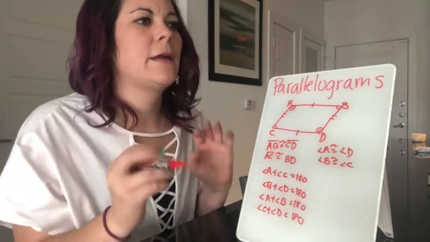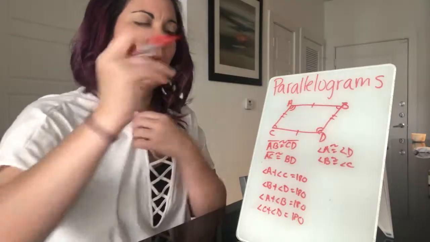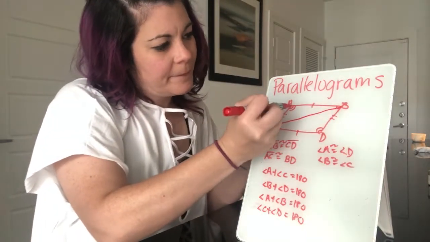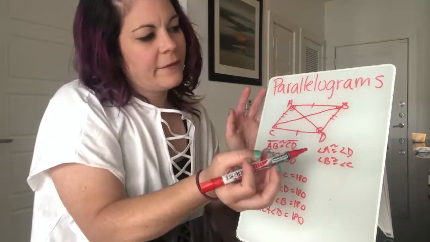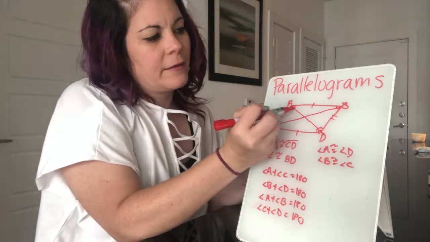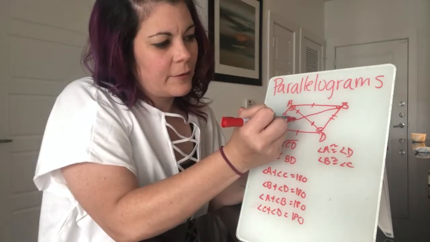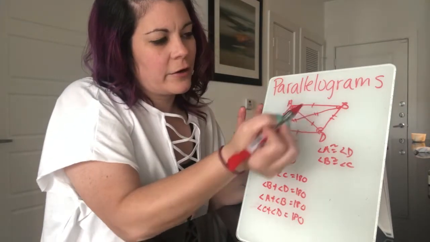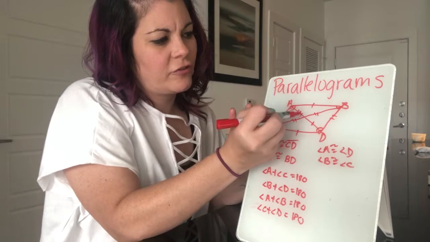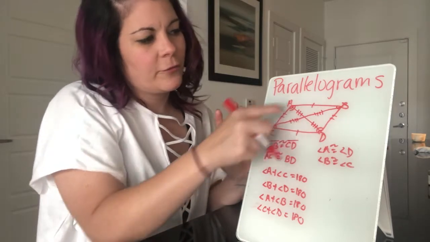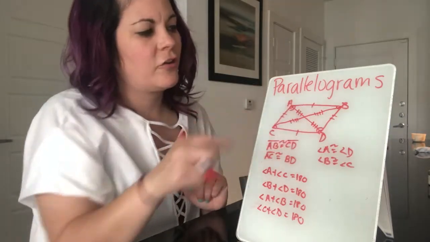The fourth property is the diagonals of a parallelogram bisect each other. What we mean by that is this part right here and this part right here are congruent, and then these other two parts are congruent. I'm actually going to change that to 3 and then 4, because we already have one congruency mark here too.